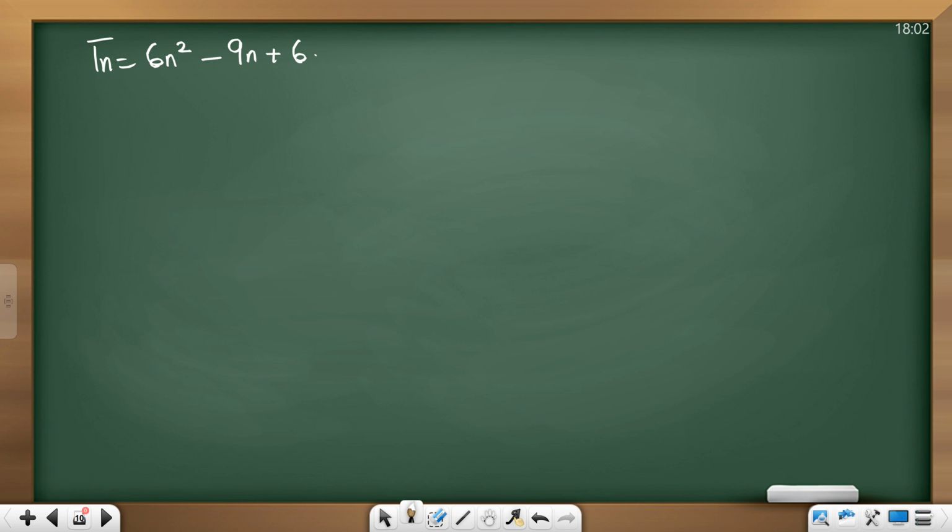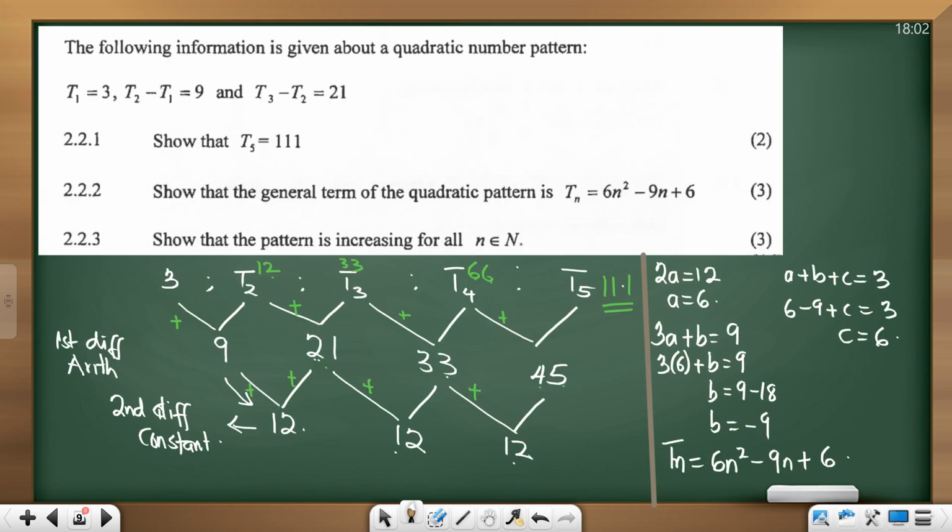Let's check first what it means when they say it's increasing. What's your T1? T1 is 3. Keep increasing.